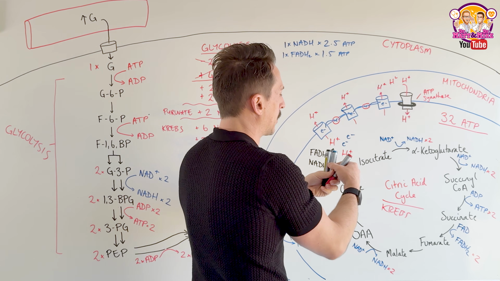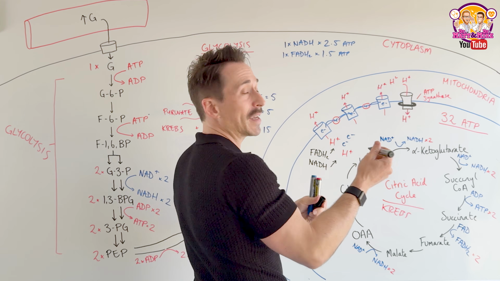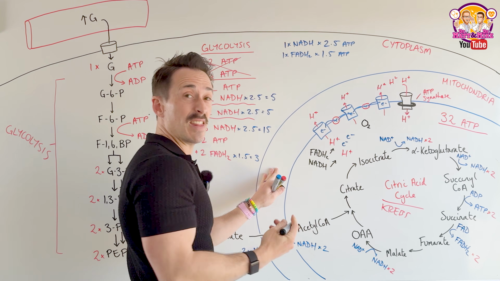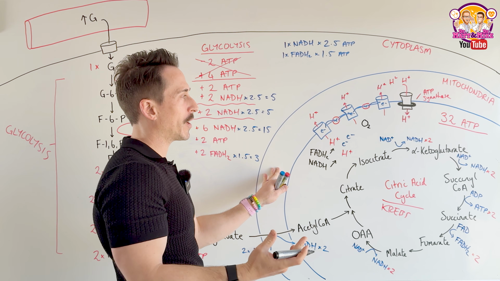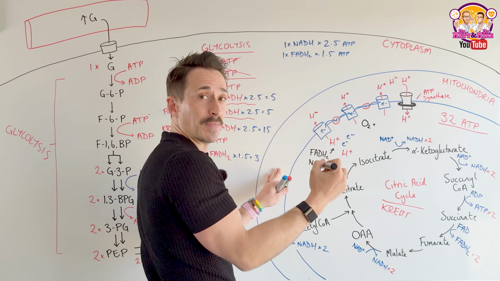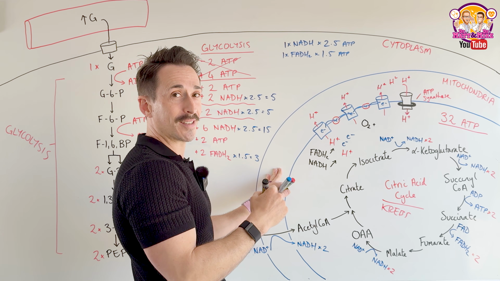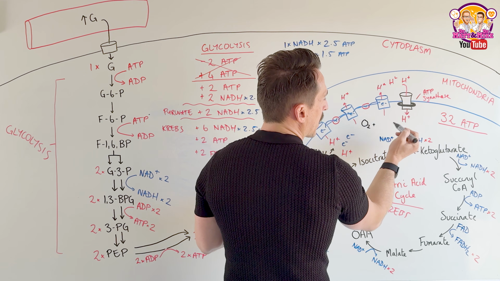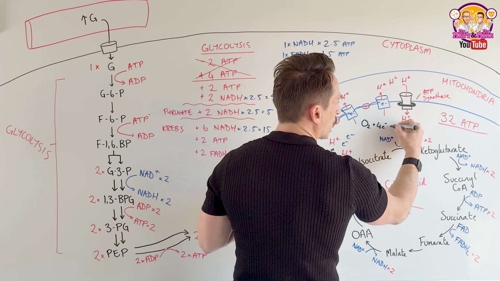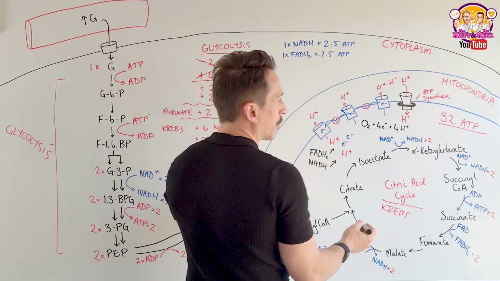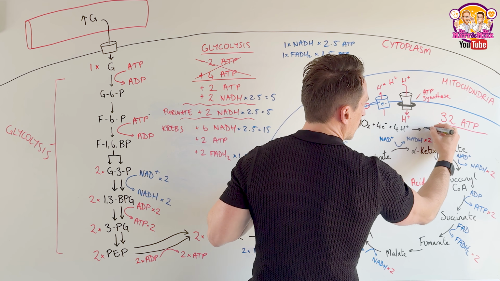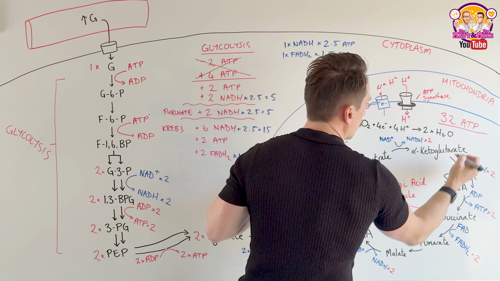So what we end up getting is oxygen. We take oxygen. Remember, we've got oxygen, which we breathe in, hence why it's called aerobic respiration. And that oxygen will take on board electrons, and it will take on board protons. Now, if we take on, let's say, 4 negative electrons and 4 positive protons, with 2 oxygens, what do you think we end up producing? 2 H2O.